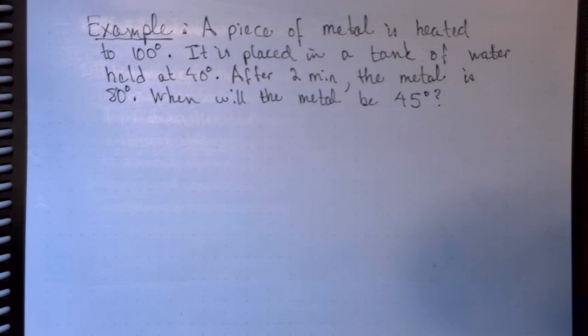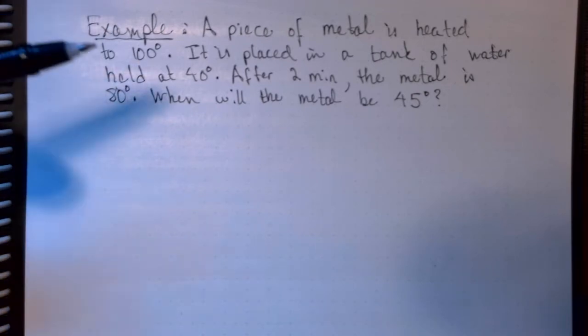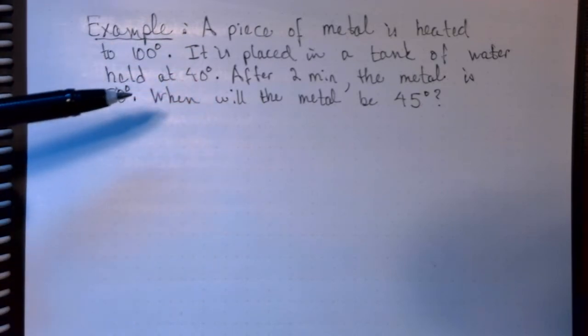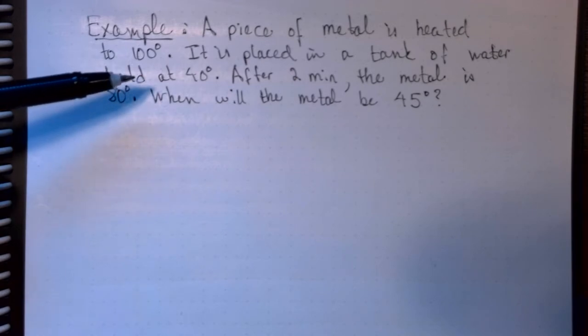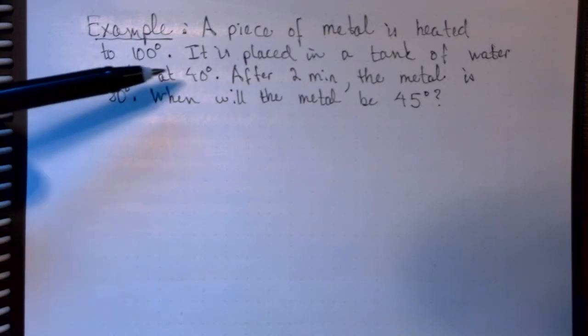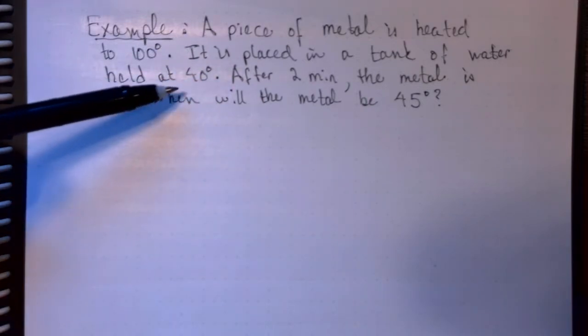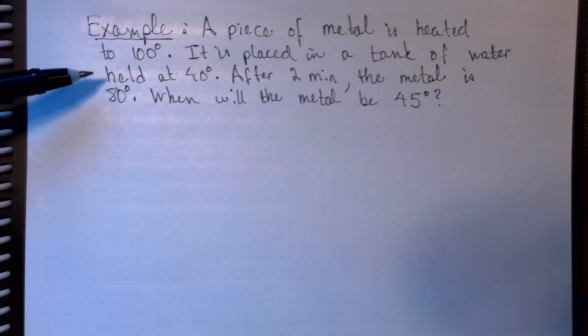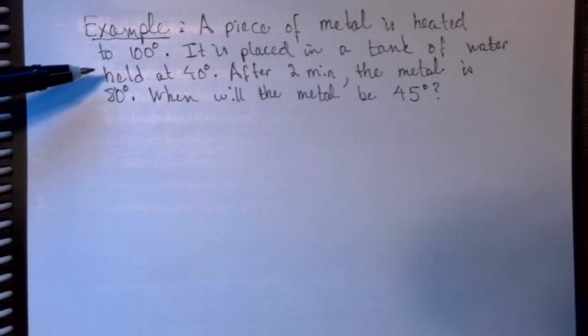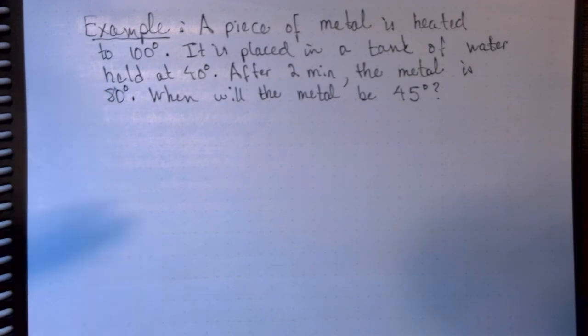Okay, so here's the concrete example I want to work on with you. Let's imagine we have a piece of metal, and we heat that metal up in a furnace to 100 degrees. And we place that heated metal into a tank of water that is held at 40 degrees. Now, you've seen scenarios like this, I'm sure, in videos. If you want to shape a piece of metal, you usually have to heat it up so that it's pliable.